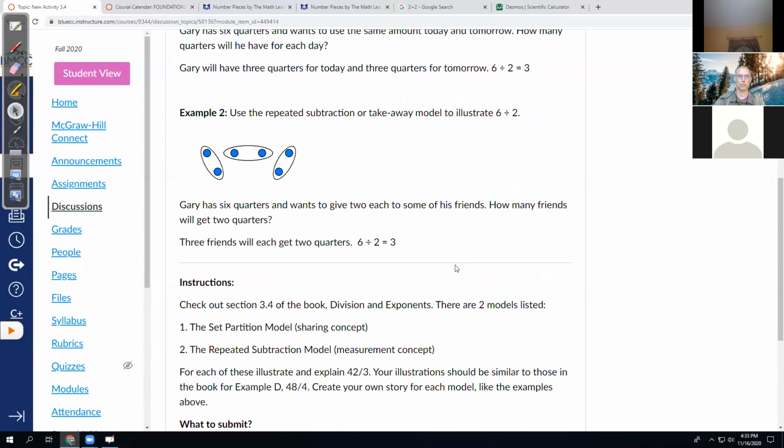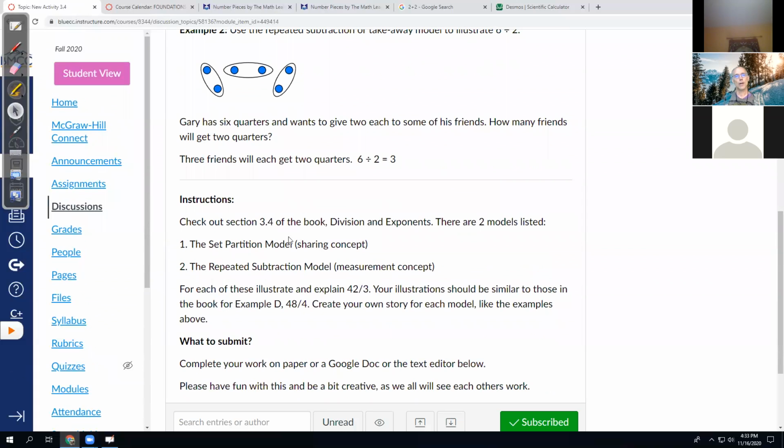So we'll come back to that. In section 3.4, they talk about the set partition, the sharing concept, which I talked about, and then the repeated subtraction, which they called the measurement concept. And they gave an example in the book for 42 divided by 3, so slightly bigger numbers.